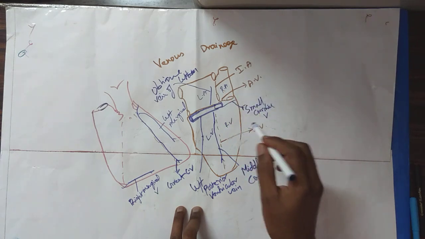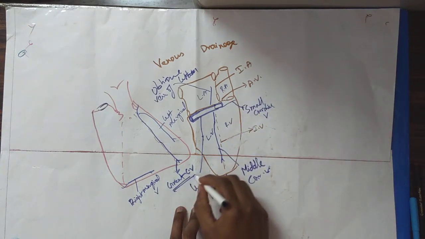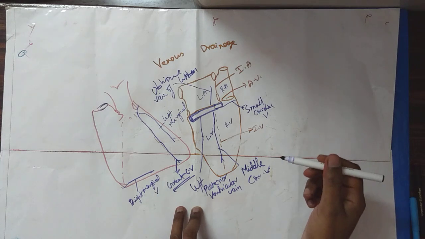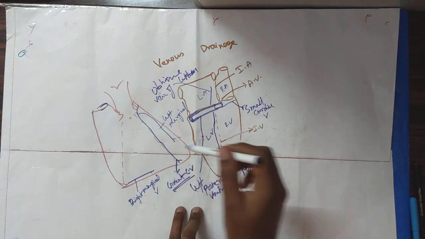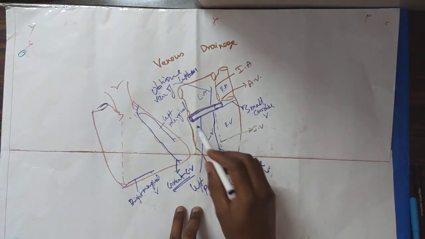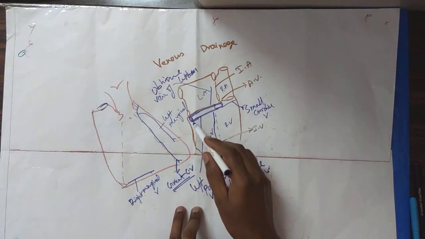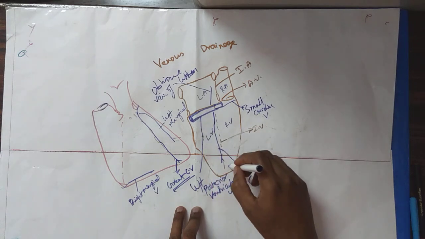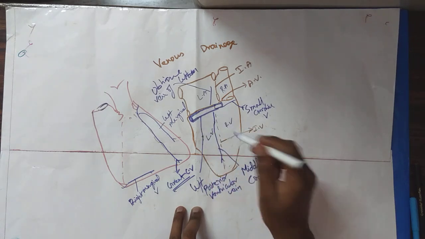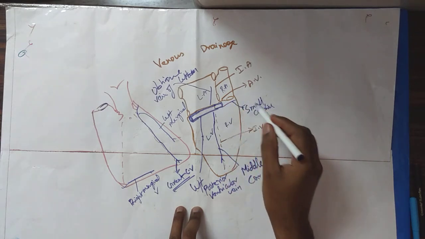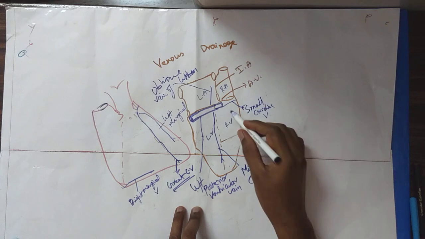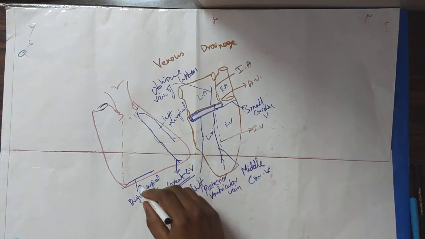So what are the major tributaries? The great cardiac vein, which is going along your anterior interventricular septum, then left marginal vein, which either drains into the great cardiac vein or to the left end of your coronary sinus. Then you are having middle cardiac vein, which is along the posterior part of interventricular septum. Then small cardiac vein, which is draining into the right side of the coronary sinus, which in turn is drained by right marginal vein.